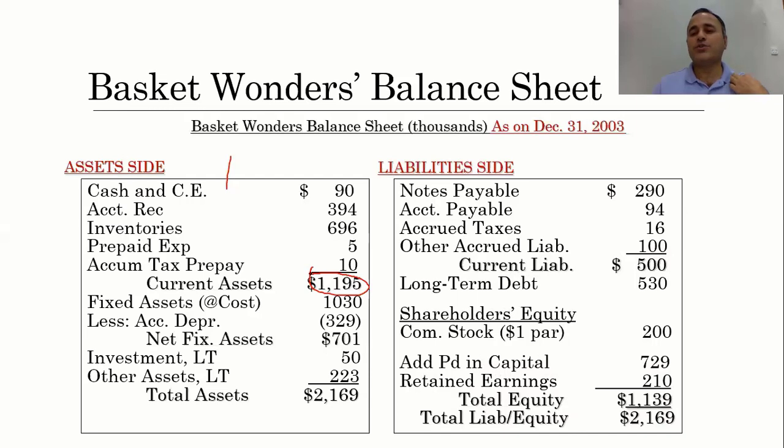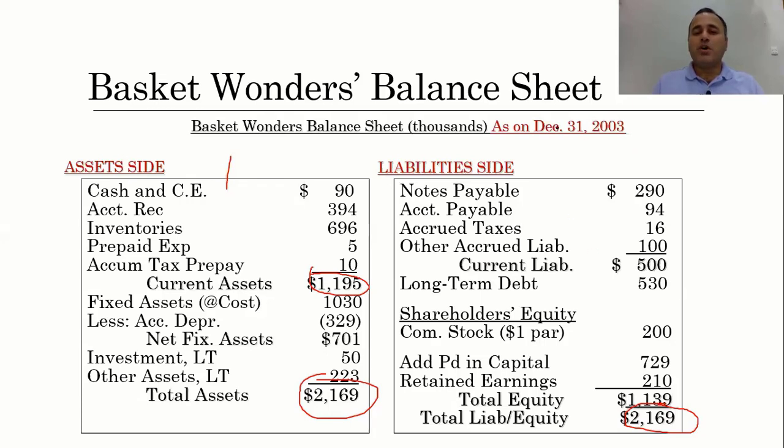Current assets are those assets which can be converted into cash in less than 1 year. Total assets is $2,169. And on the other hand, the total liabilities and owner's equity is also $2,169. And of course, it makes sense because total assets is equal to total liabilities plus owner's equity.